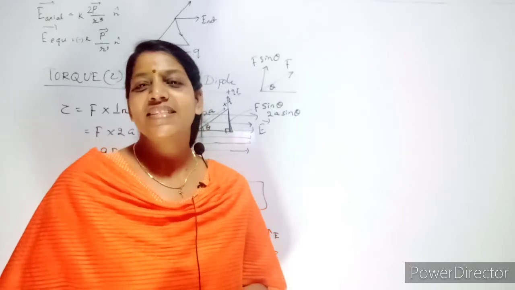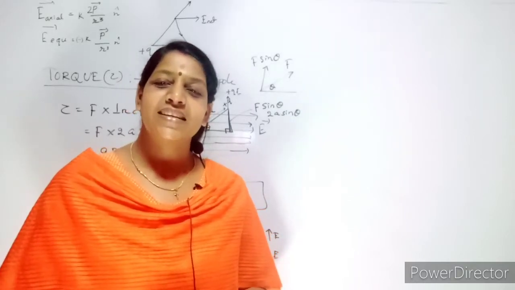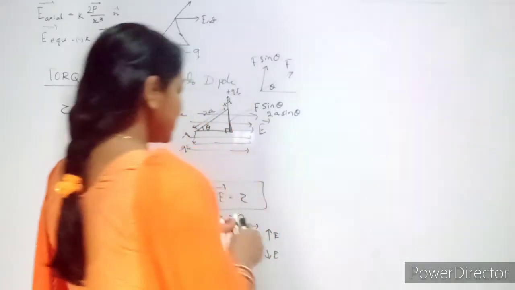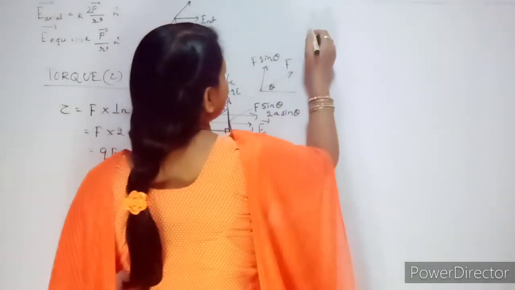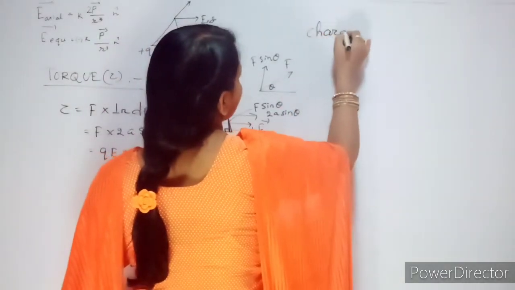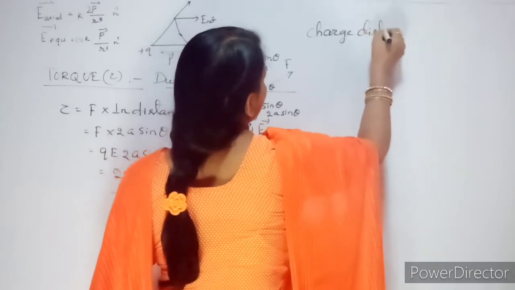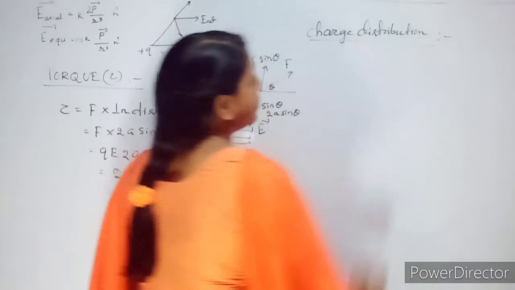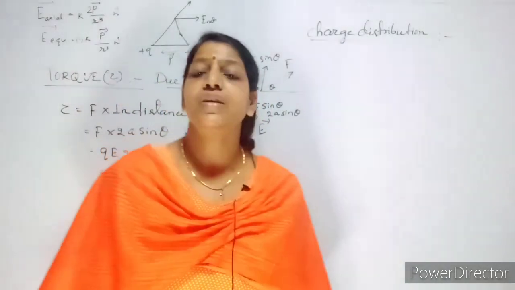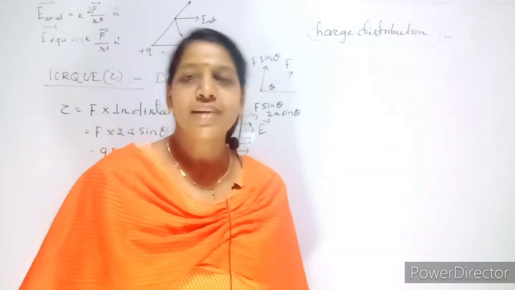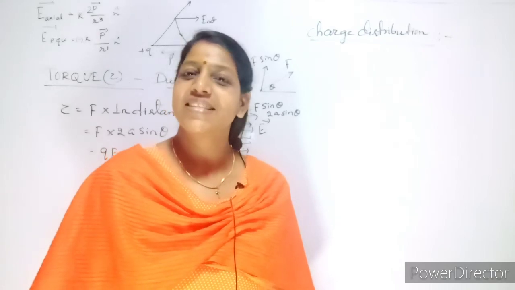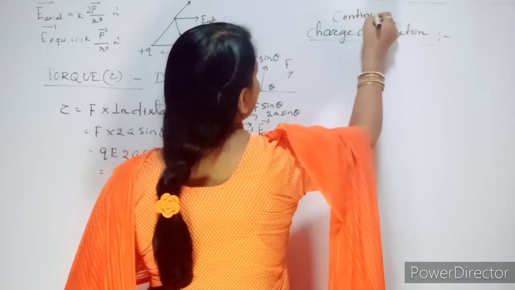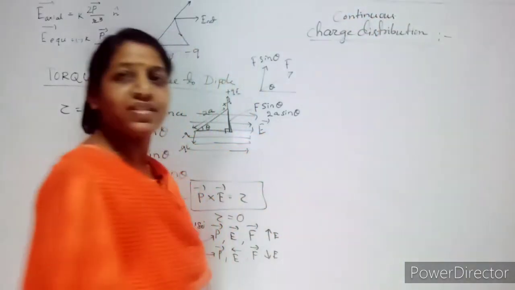Clear? Now let us see the next important concept, that is types of charge distribution. Make the heading charge distribution. Here we are talking about the continuous charge distribution, not the discrete charge distribution. So make your heading continuous charge distribution.